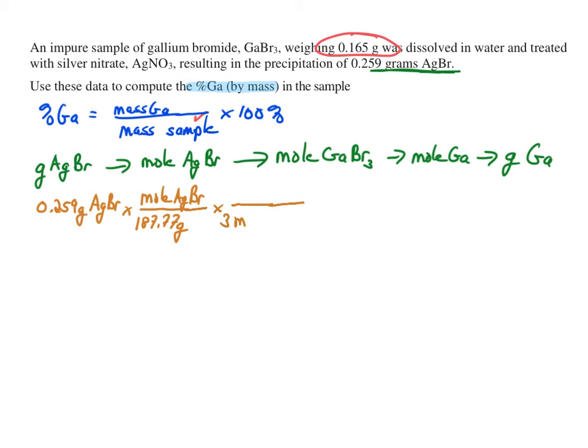We see that we need 3 moles of AgBr to relate to a mole of GaBr3. Then we see that there's a 1-to-1 mole ratio between that salt and elemental gallium. And then we can just multiply by the atomic weight.